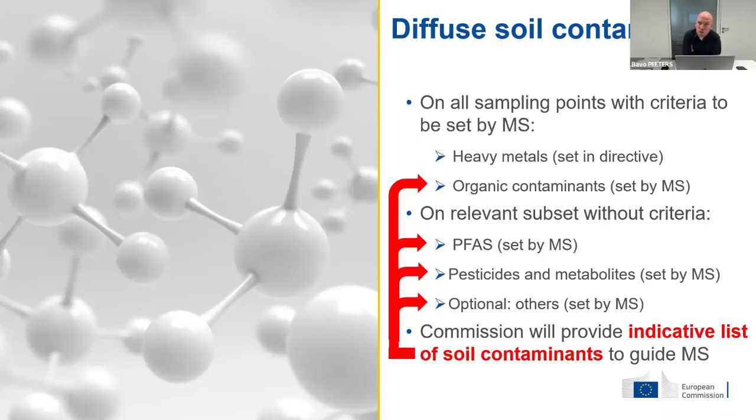This is left to them, what the subset would be. And no criteria have to be defined for the second category. Now, because the member states have a lot of flexibility here, the Commission will provide support by providing an indicative list of soil contaminants, which member states then can use to select or set certain categories.